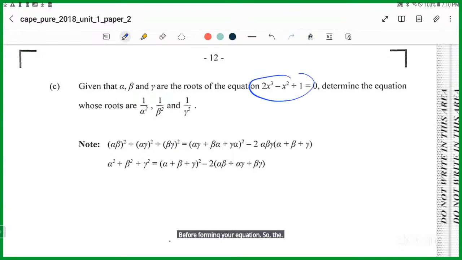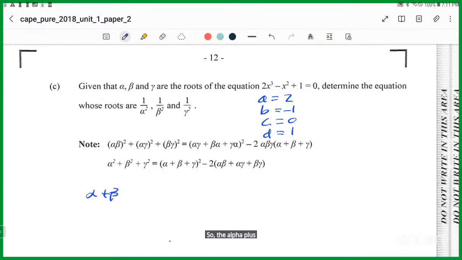So from this equation, there's no C on it. The A is equal to 2, the B is equal to -1, and the x squared is there. There's no x term there, so the C is equal to 0, and the D is equal to that constant value there. The D is equal to 1. So alpha plus beta plus gamma from this equation is minus B over A. The B is -1, so that's minus 1 over 2.